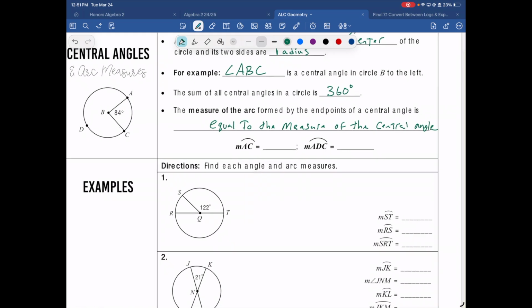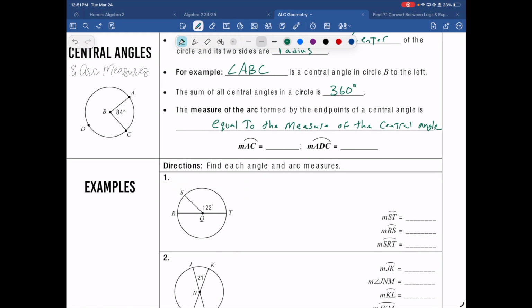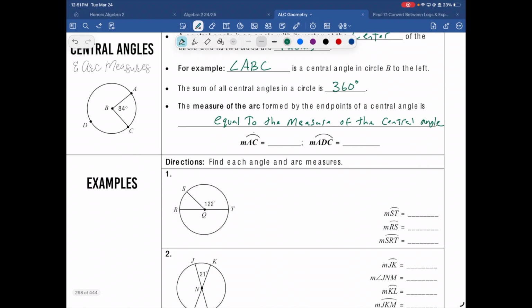If we look at this on the left, we've got arc AC. Arc AC is right here, and it is formed by the central angle ABC. That means the measure of arc AC is the same as the measure of the central angle that created it.